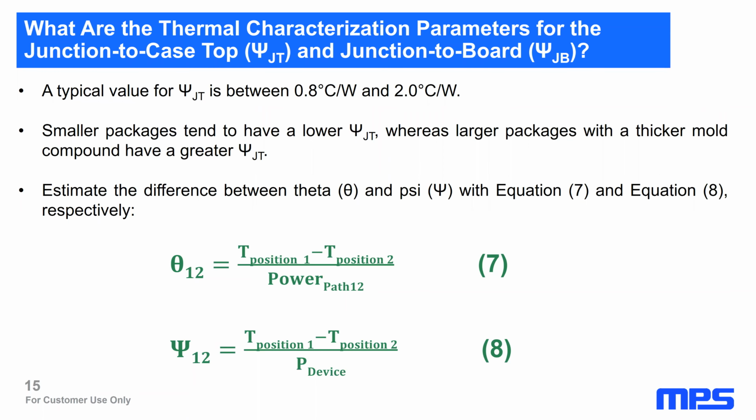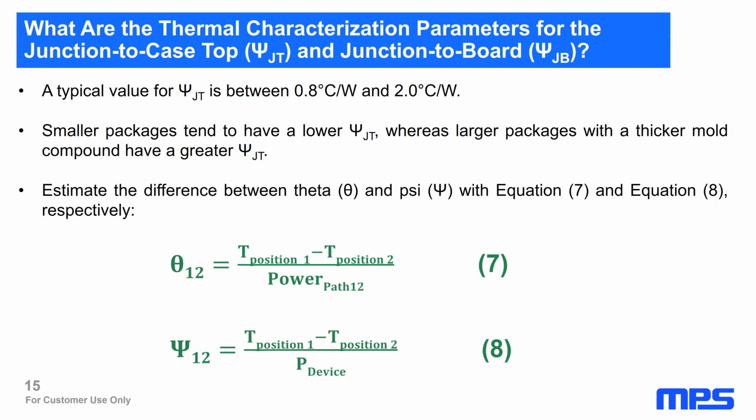A typical value for Psi junction top is between 0.8 degrees per watt for a thinner package and 2 degrees per watt for a thicker package. See equation 8.